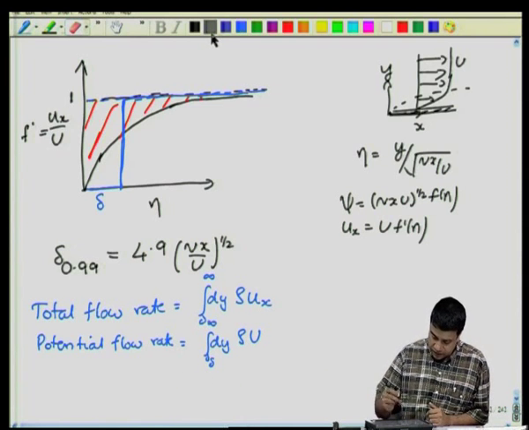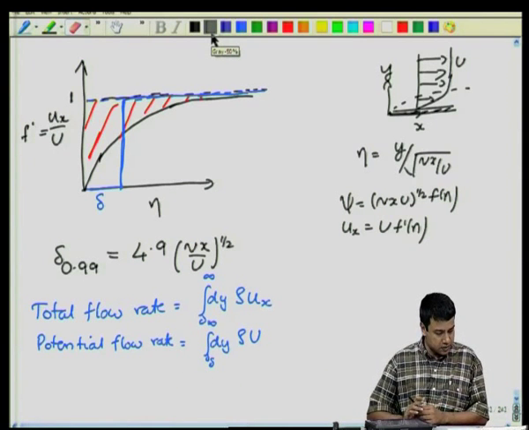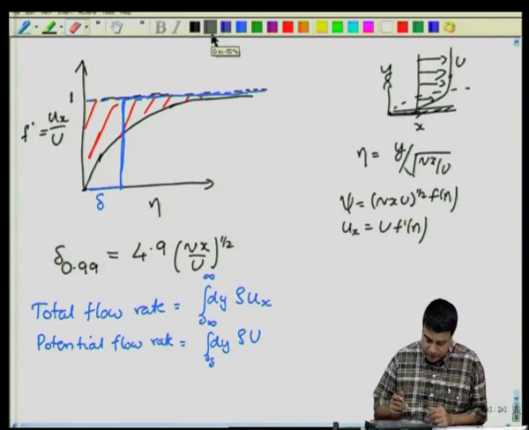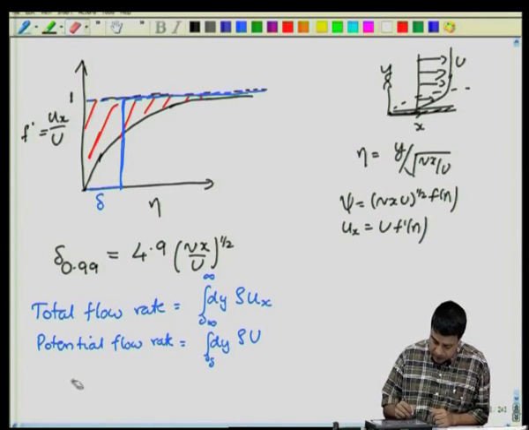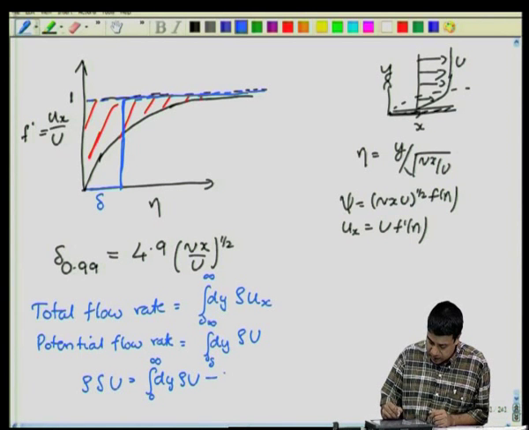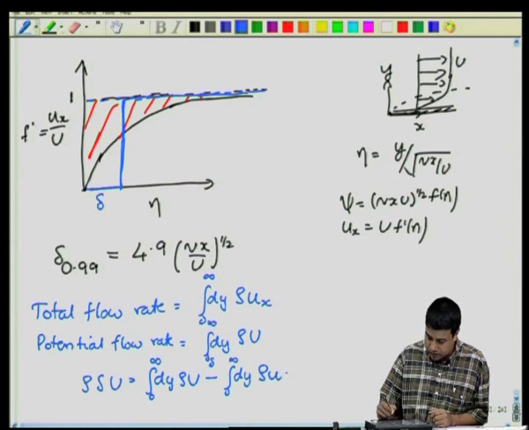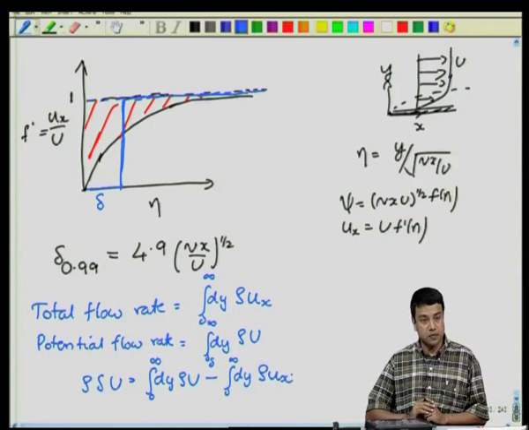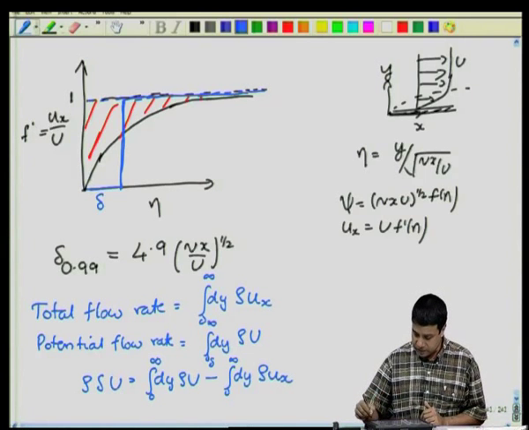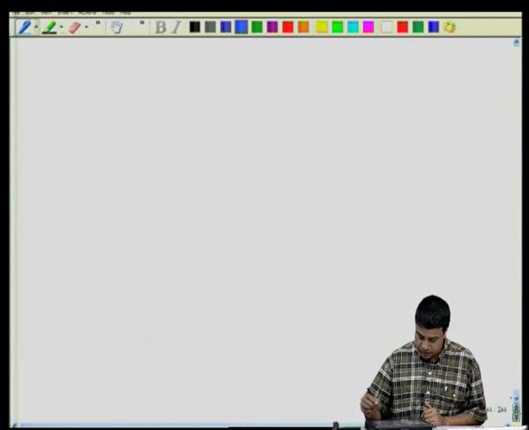So, I have the potential flow rate exceeding the actual flow rate by rho U times delta. So, the displacement thickness is defined as rho delta times U is equal to the integral from 0 to infinity dy rho U minus the integral from 0 to infinity dy times rho u_x. That is the potential flow velocity minus the actual velocity.